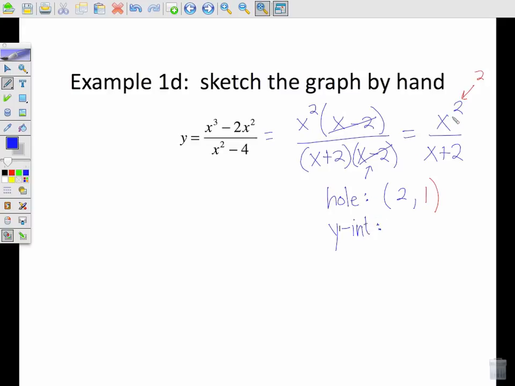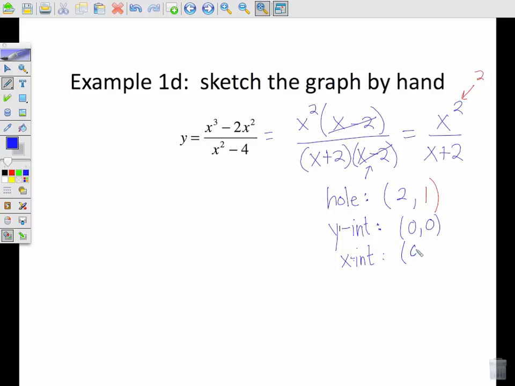All right, let's look at my y-intercept. Y-intercept is when x is equal to 0. And so you can see here we've got 0 over 2, which is 0. So that is going to give us the origin.